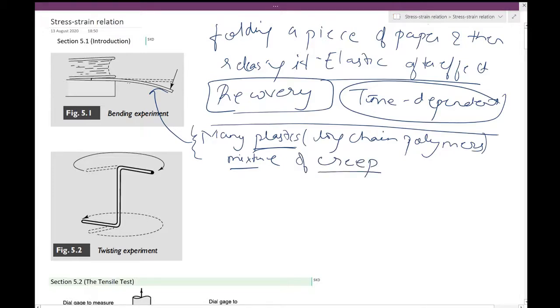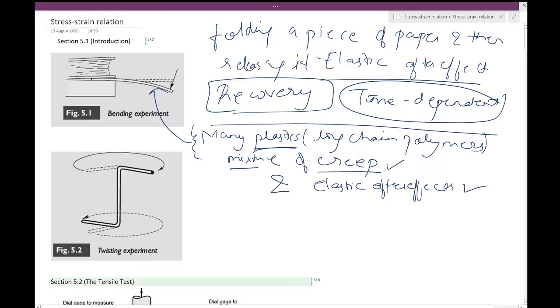Remember what creep was? The deformation was increasing in time despite the fact that the applied force was remaining the same. And elastic after effects, which you have just read. So this can be seen in most of these plastics.